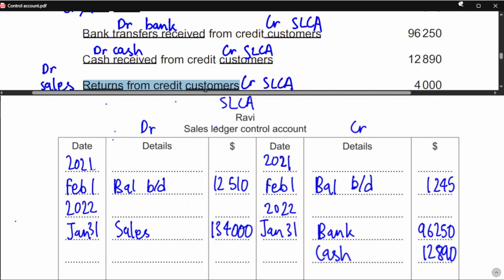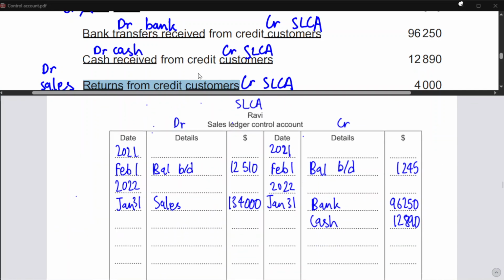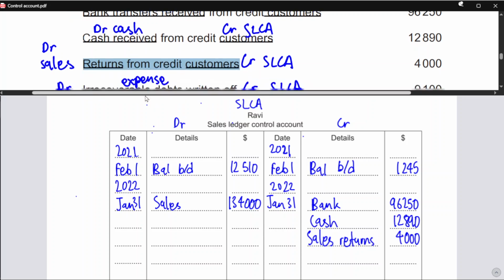The next line, SLCA credit sales return. Okay. SLCA credit sales return by 4,000. Okay. Next line.